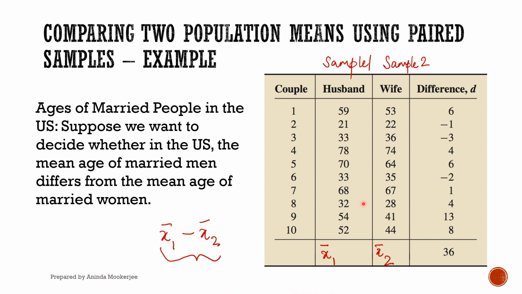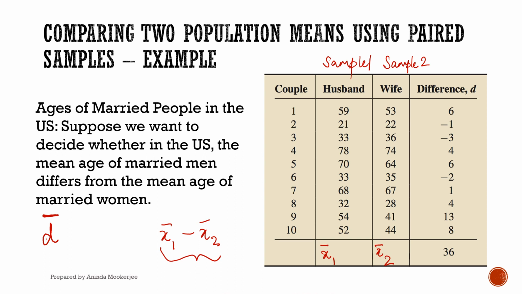So in paired samples, we do not find the sample mean of sample 1 and then the sample mean of sample 2. Rather, what we work with is the mean difference in ages between a husband and his wife.